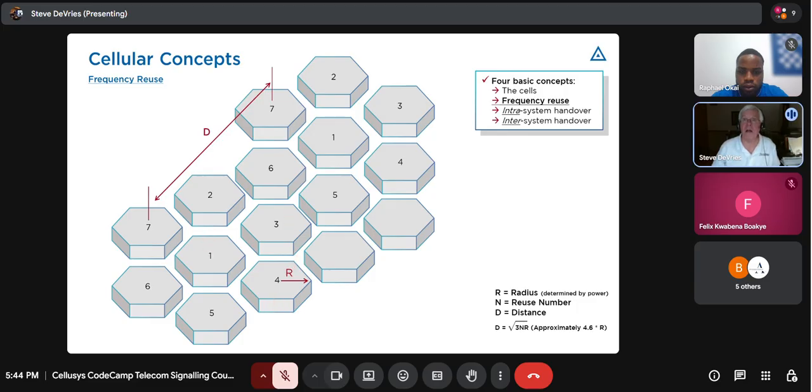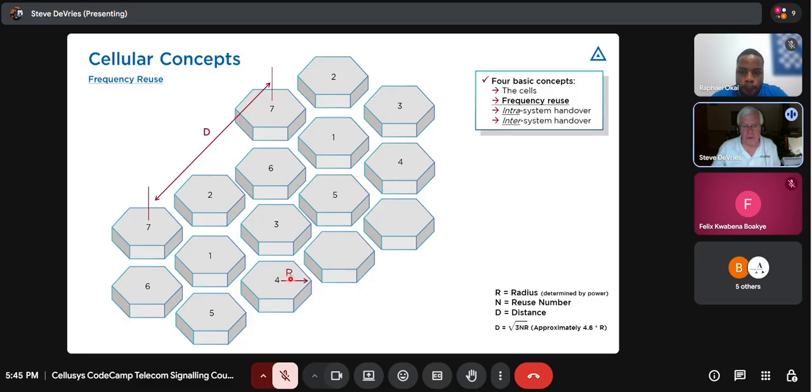Just for the sake of talking, let's say you put 1/7 of your total frequencies in each one. So if you had 400 simplex channels, which is 200 duplex channels, 1/7 of those would be here, 1/7 roughly here, 1/7, and so on. We're just going to do that so we can visualize this.